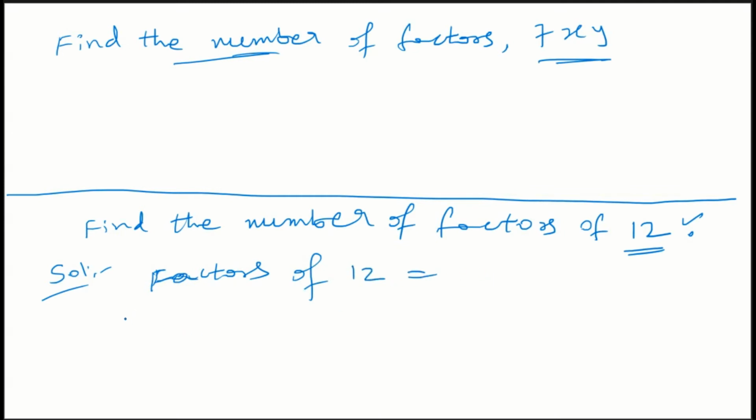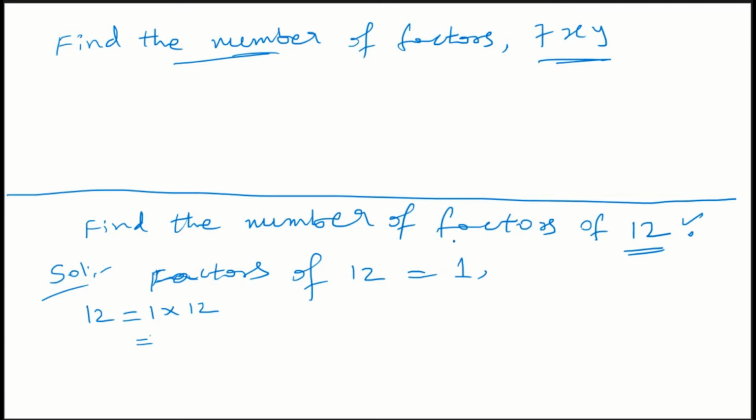12 can be written as 1 into 12. So 1 is a factor and 12 is a factor, because from this multiplication fact you will get a division fact, and a division fact only gives a factor.